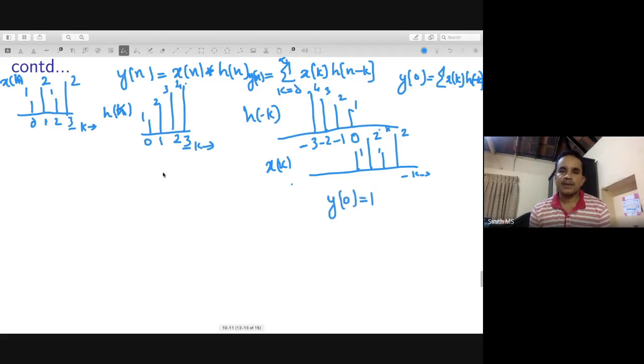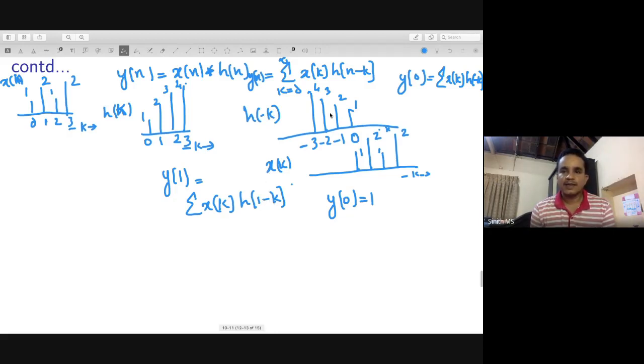Similarly, what will be y of 1? y of 1 is sigma x of k, h of 1 minus k, put n equal to 1. So x of k is available here. h of 1 minus k is the right shifted version of h of minus k by 1.